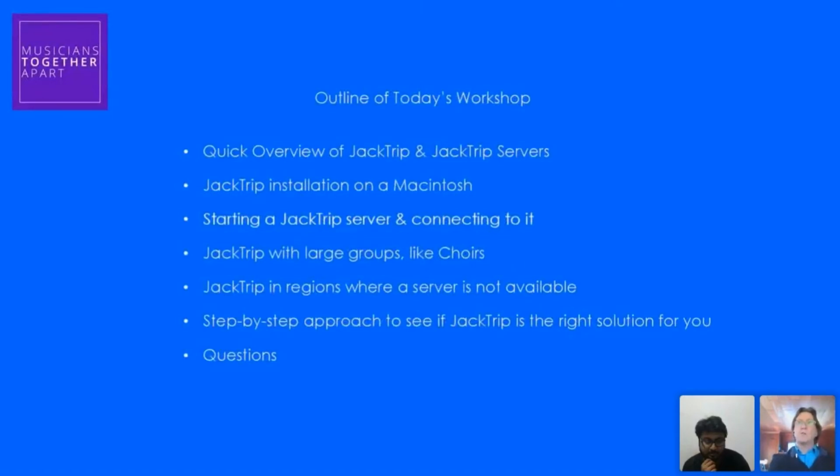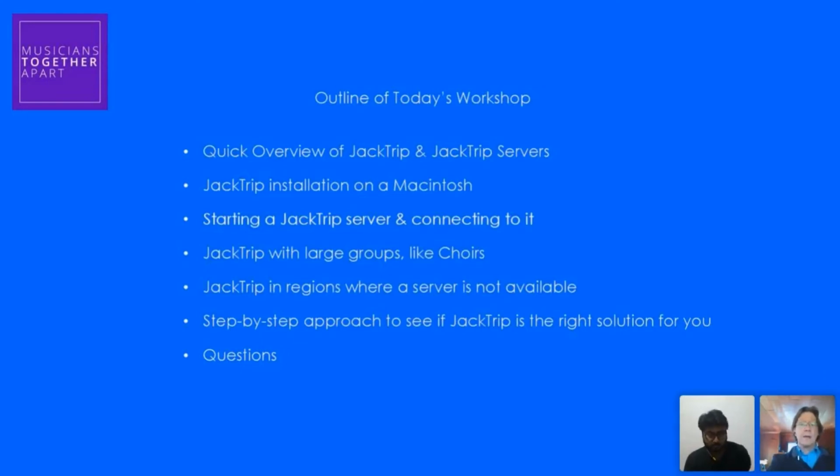Okay, so outline here, pretty much what I said. A quick overview of JackTrip and the JackTrip servers, because some people may not have caught the first workshop. Then Subhajit's going to go through an installation and then how to start the server and connect to it. And then I'm going to address some of the stuff that was brought up last time, like how do you do JackTrip with large groups? You may notice that we're configured to sell 2- and 4-person JackTrip servers right now, but that's what we configured for initial stuff, and we're finding more demand for the bigger groups.